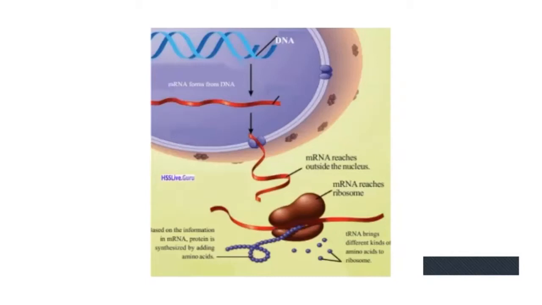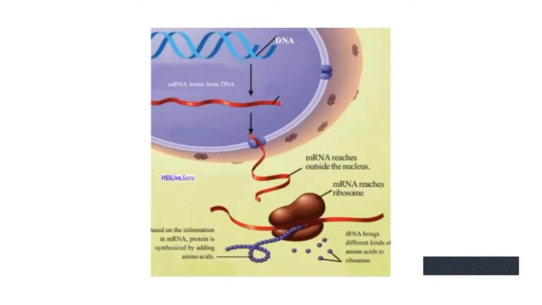The gene gives the message through the RNA. mRNA, messenger RNA, is coming out from the DNA. You can see a red ribbon-like structure, that is mRNA, carrying the message from the gene present in the DNA. What's the message? That a protein should be produced inside the cell. So once more I am repeating it for you.